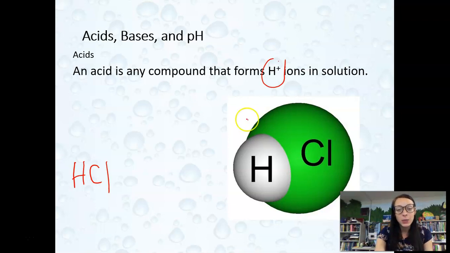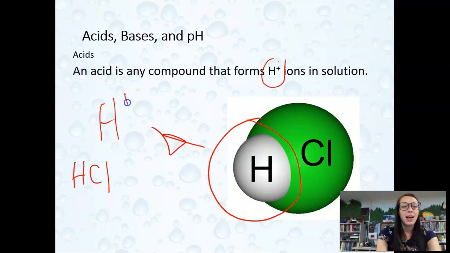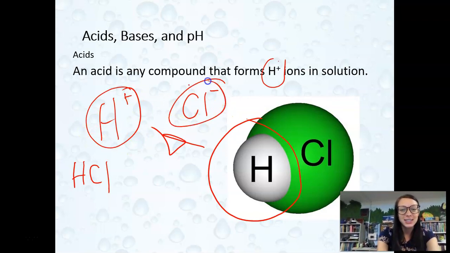What happens is basically we can cut off this hydrogen right there, and it will create hydrogen ions and chlorine ions. And it's an increase in these hydrogen ions that is going to cause a decrease on the pH scale, which is going to make an acid.